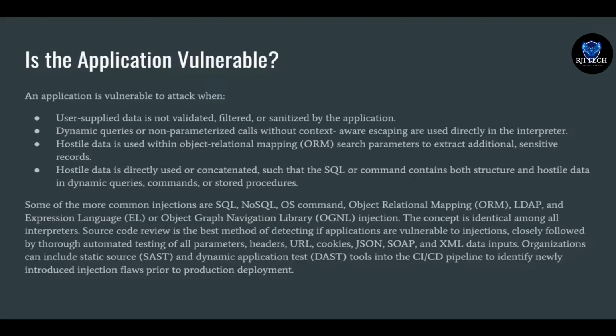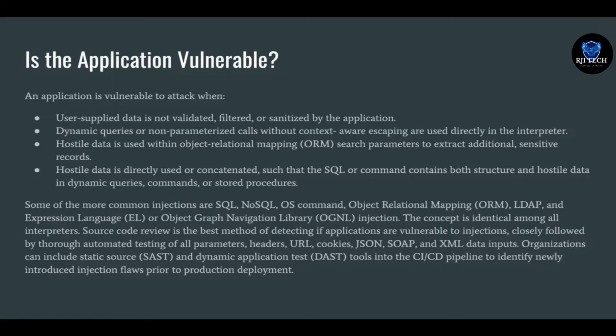Hostile data is used within object relational mapping, that is ORM, search parameters to extract additional sensitive records. Hostile data is directly used or concatenated, such that the SQL or command contains both structure and hostile data in dynamic queries, commands, or stored procedures.